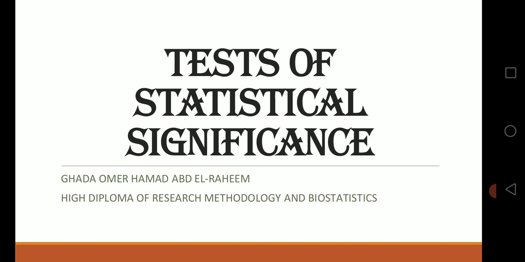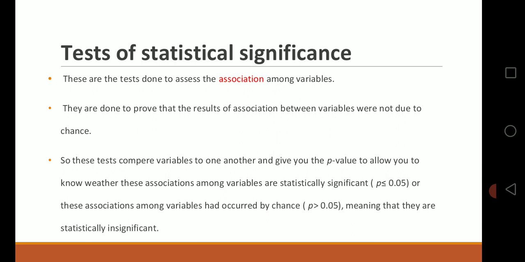Okay, in this lecture we are going to discuss what we mean by tests of statistical significance and what are the commonly used types of tests. These are the tests done to assess the association among variables, just like we said in the previous lecture.